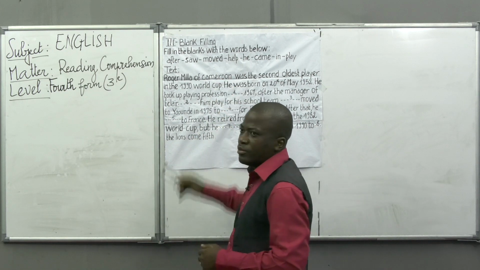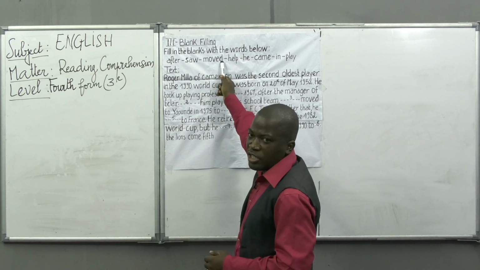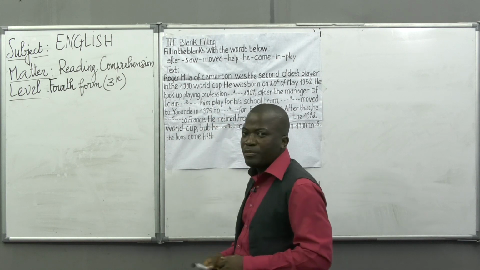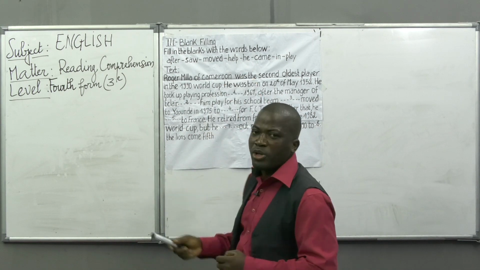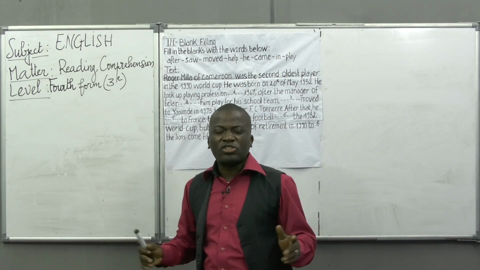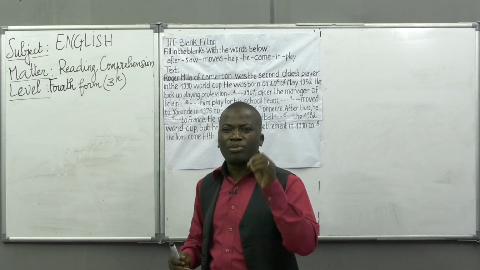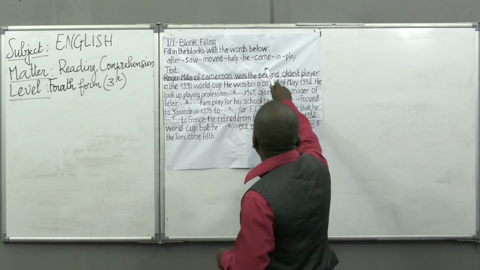Now, moved. It's a regular verb. Then, it is in the preterite with ed. That's good. Help. Help is also a verb. He is a personal pronoun, but not any personal pronoun. It is a subject personal pronoun. Okay? The third person singular. Now, came.